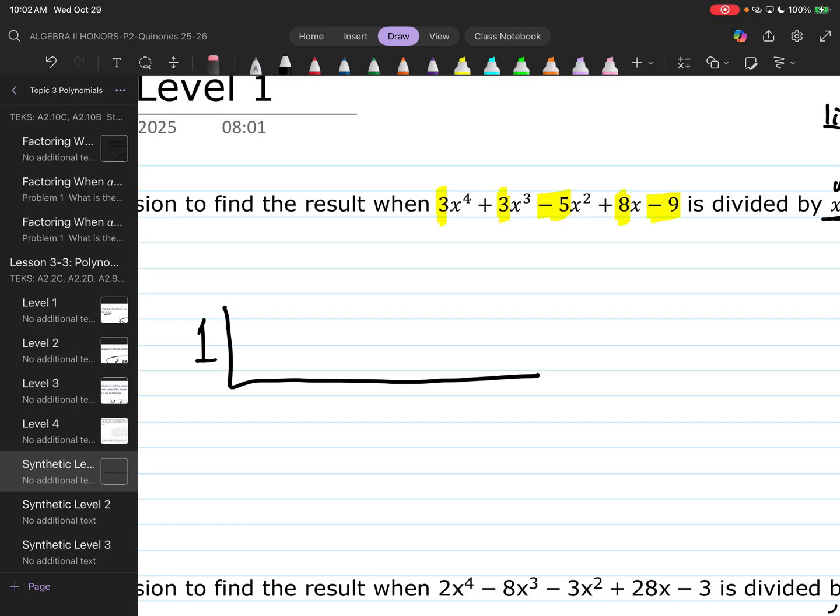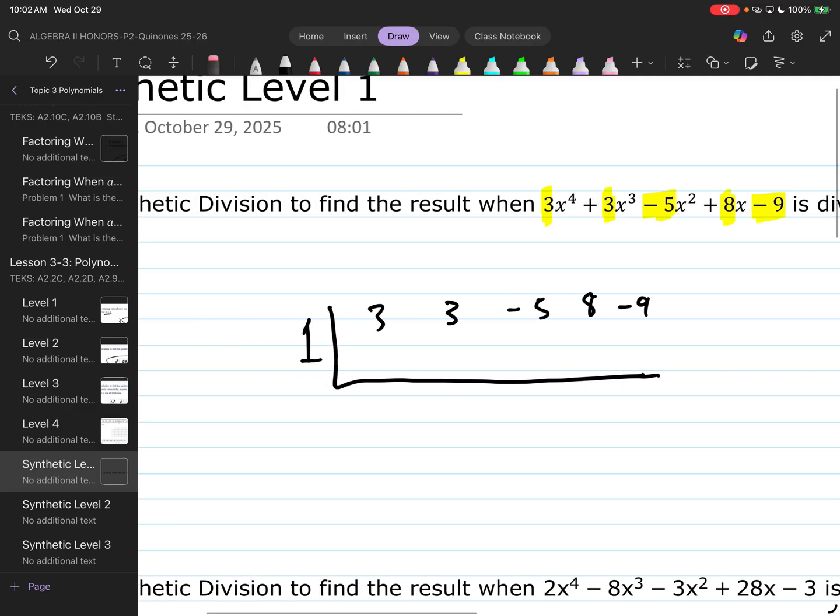So I have 3, 3, -5, 8, and -9. Are we okay so far? Haven't done any math yet. Just setting everything up.